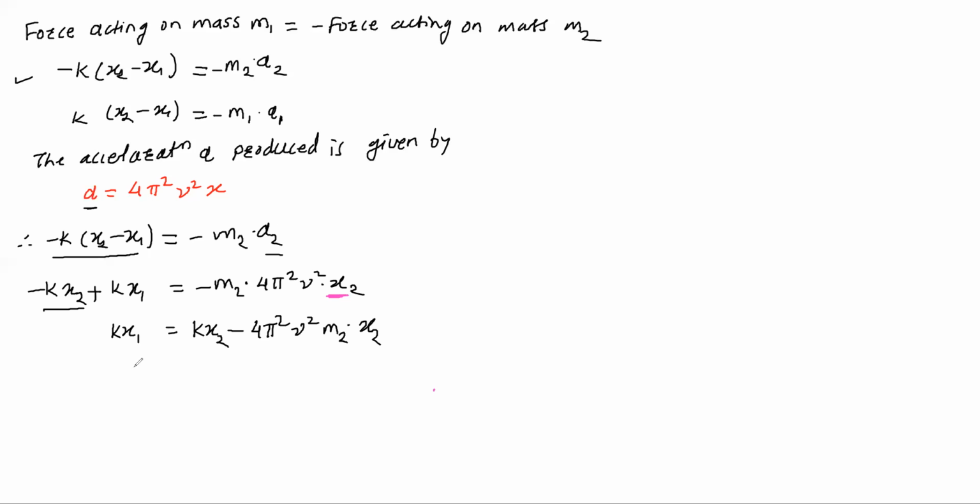After that, x2 is a common factor, so the equation is like that: kx1 is equal to k minus 4 pi square nu square m2, times x2.